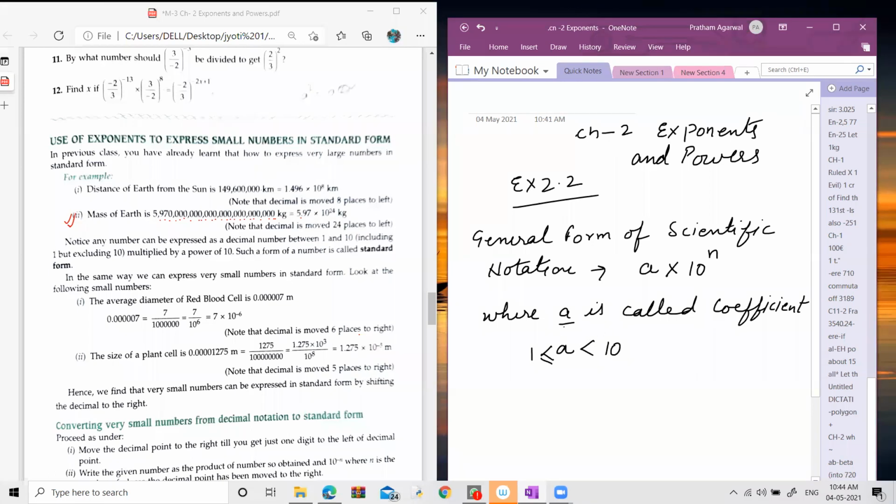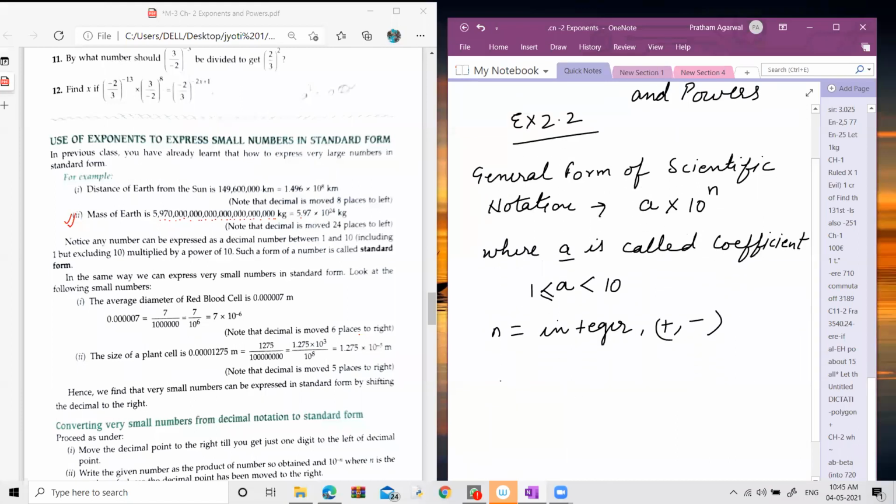The value of the coefficient is always equal to or greater than 1 and less than 10. And n is an integer. Integer means in place of n there can be any number, positive or negative also. Okay?